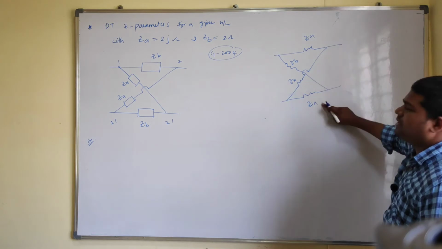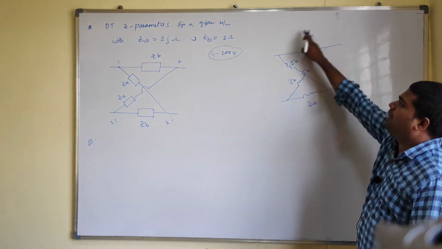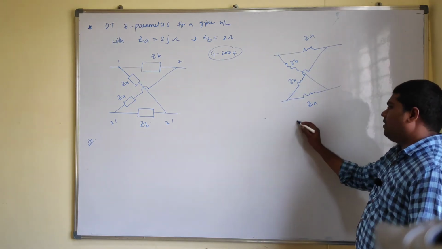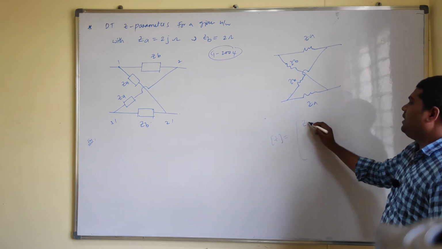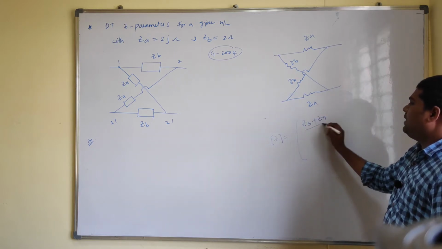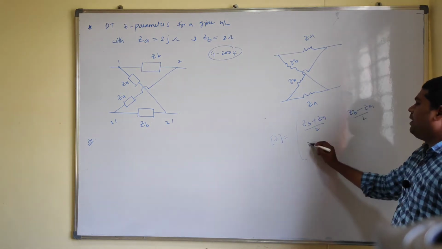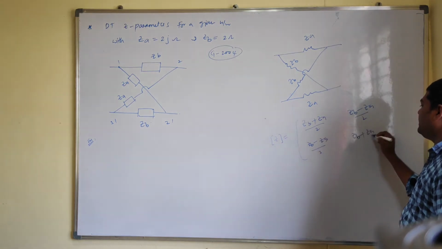When ZA equals ZD and ZB equals ZC, that means symmetrical lattice network. For this configuration we have one formula: Z equals (ZB plus ZA) by 2 and (ZB minus ZA) by 2, and (ZB minus ZA) by 2 and (ZB plus ZA) by 2.